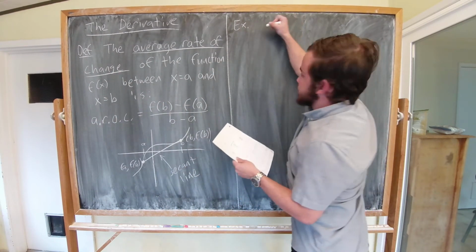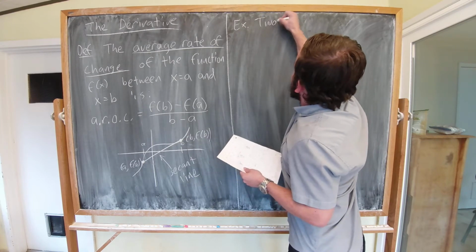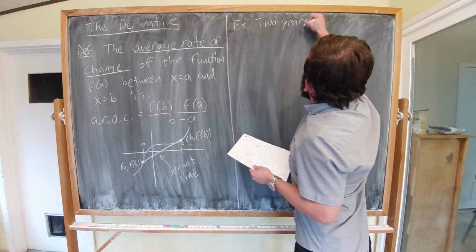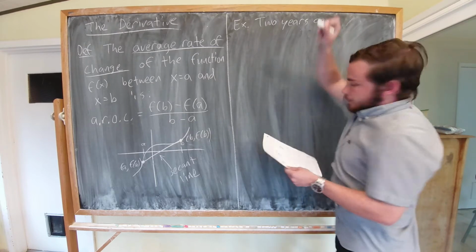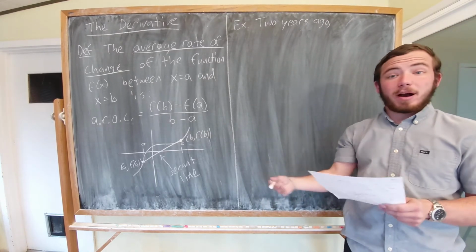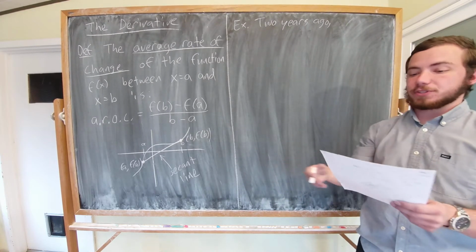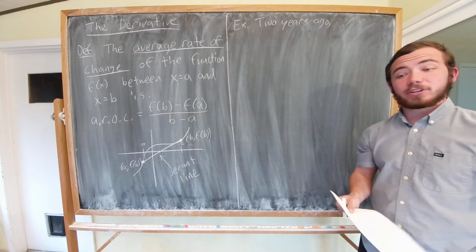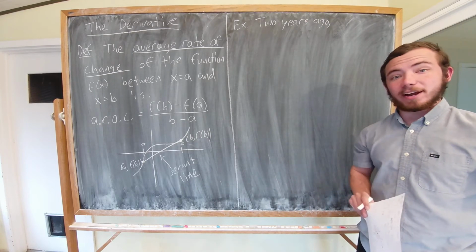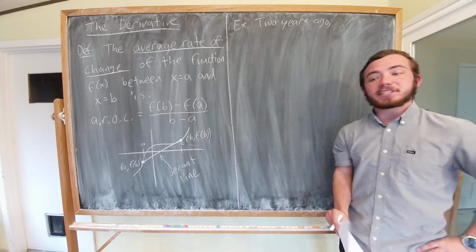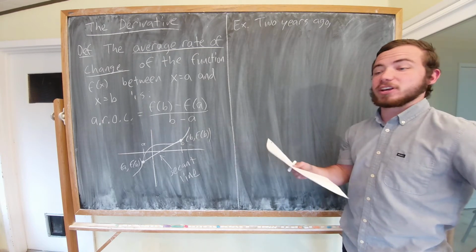All right, so 2 years ago, there was kind of an overpopulation problem for moose. I'm going to go ahead and use the word meese. I know it's incorrect, but we're going with it anyways. For the meese in Michigan.